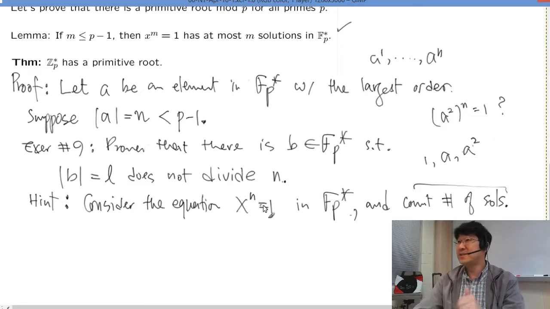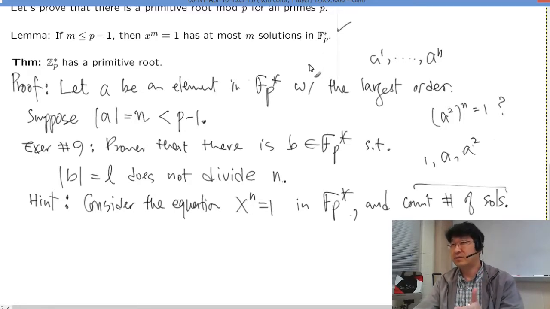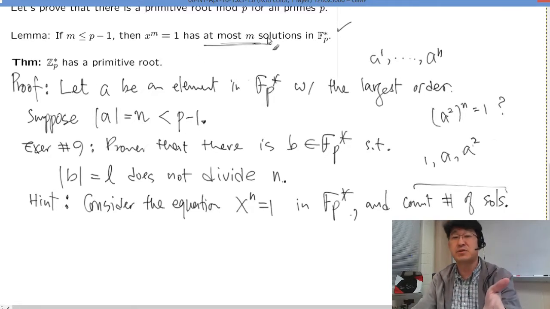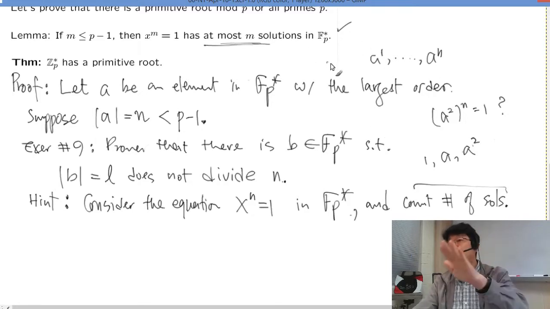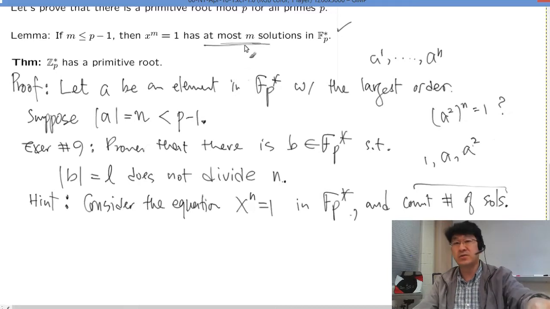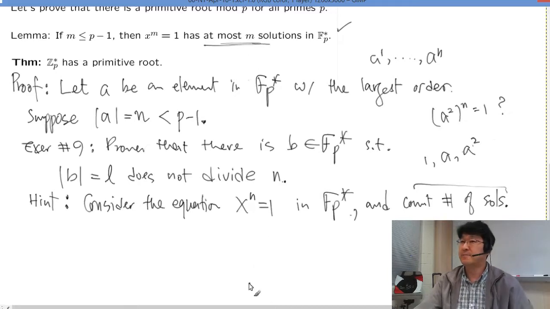Therefore, that's it. Why does that happen? Because F_p is a field. That's the key. All we use here is that there are at most m solutions, which uses F_p as a field. If you look at Z mod n where n is not prime, it is not a field, so this argument fails.